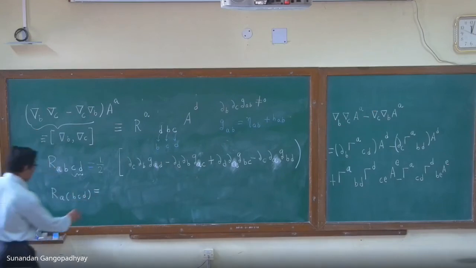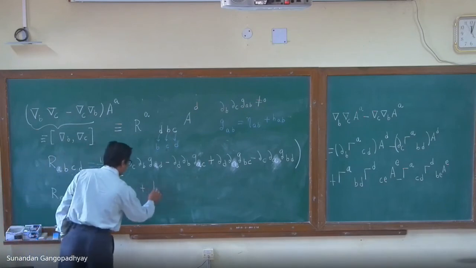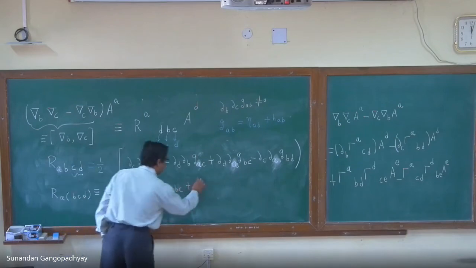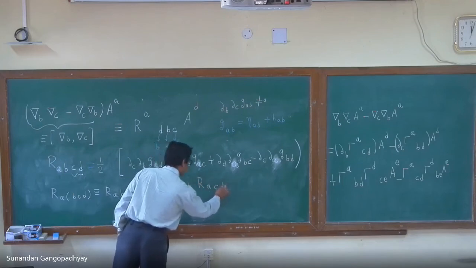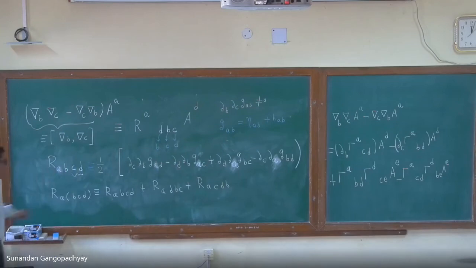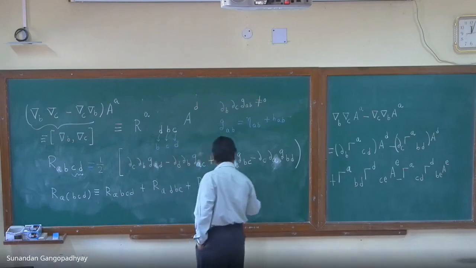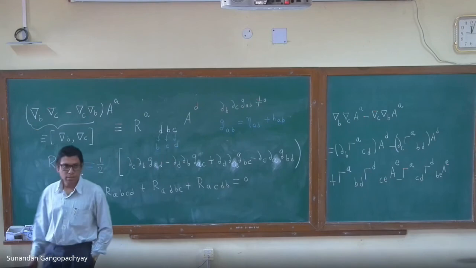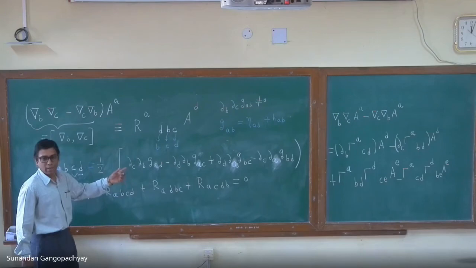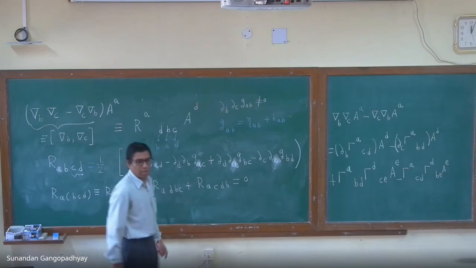What I mean is R A B E plus R A B C plus R A C D E. Okay. Please calculate this immediately. If you calculate, this will come out to be 0. Right? And in that calculation, you can understand that earlier you had to do so much calculation. But you just use this simplified expression to do this calculation, and it will come out to be 0.